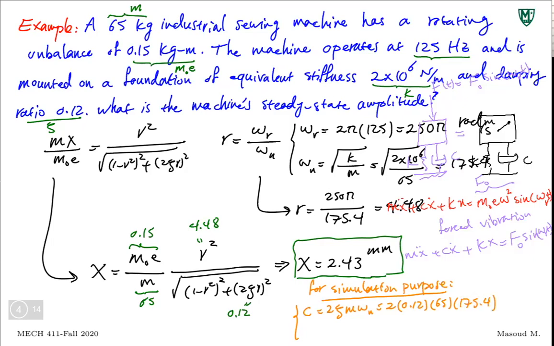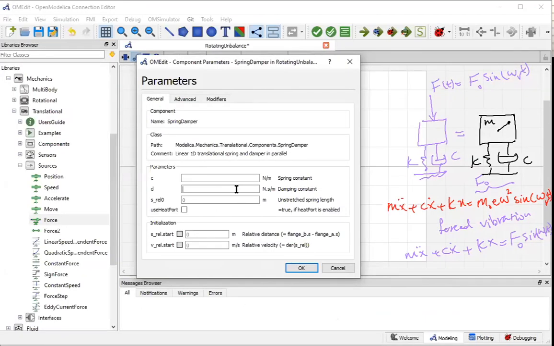We actually found it here. This gives you the value of 2,736.24. All right. So now I have the value for C, 2736.24. Go back there. I can put it here, 2736.24.